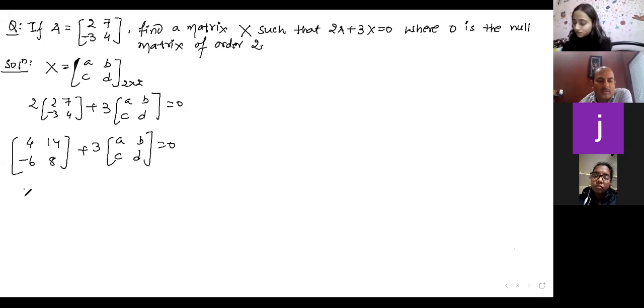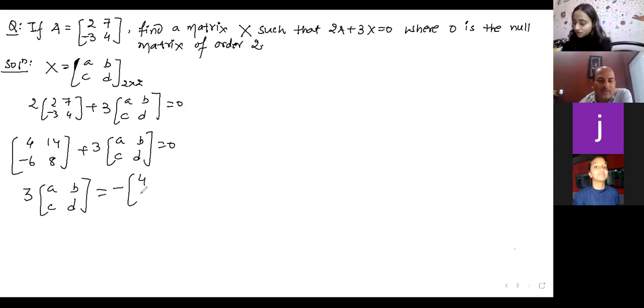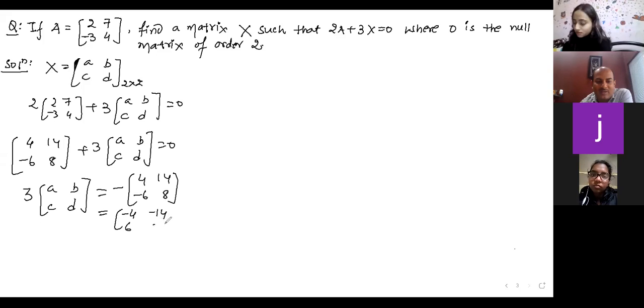So can I write it this way? 3 times A, B, C, D is equal to minus 4, 14, minus 6, 8. I've taken the matrix on the left hand side to the right hand side. Now this is minus, this is minus. So this can be written as minus 4, minus 14, 6 and minus 8 as well.